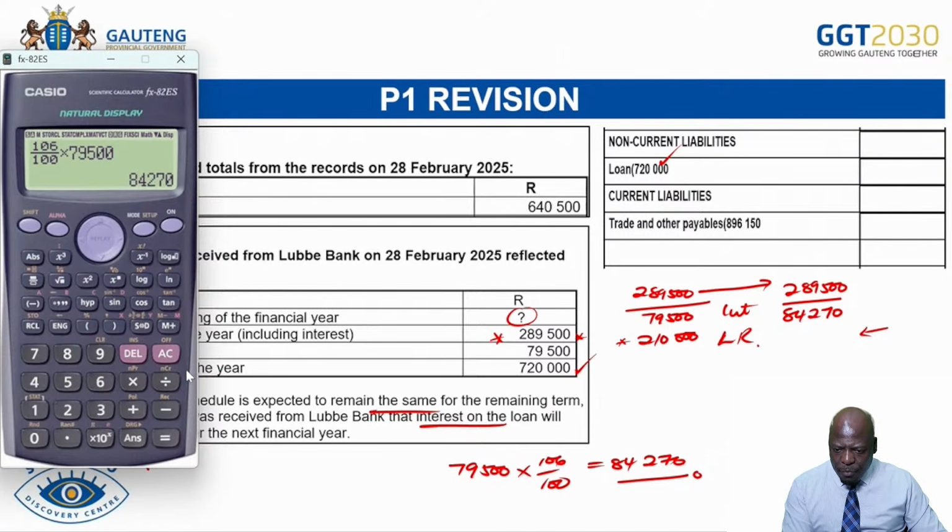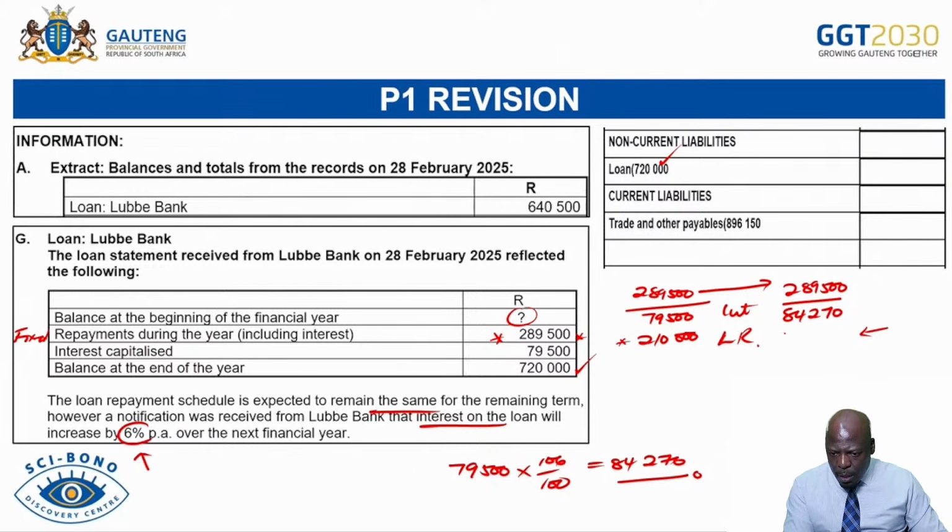So we therefore say 289,500 minus 84,270, and that will give me 205,230. So I'll therefore come here on the loan, then I'll say minus 205,230, and then I'll bring it here as my short-term loan, 205,230, like that.